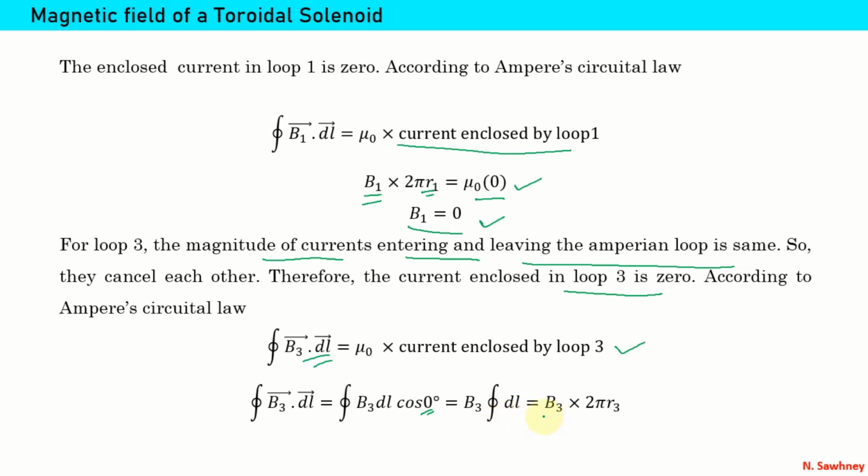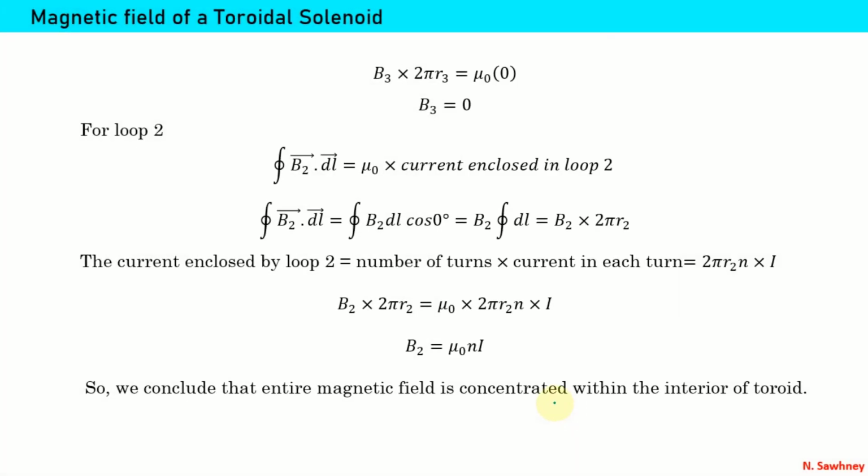So it will come out to be B3 into 2 pi R3. So equating the two, we have obtained this equation. Again the right hand side is 0, and on the left hand side this radius cannot be 0, so the only term which can be 0 is the magnetic field, that is, B3 is 0.